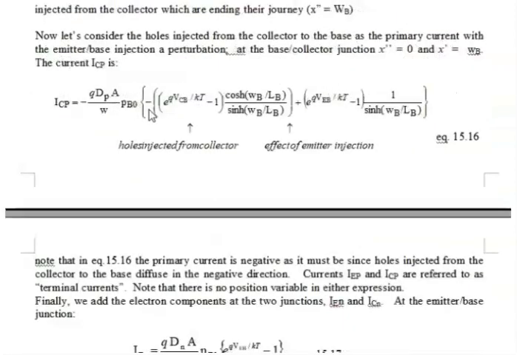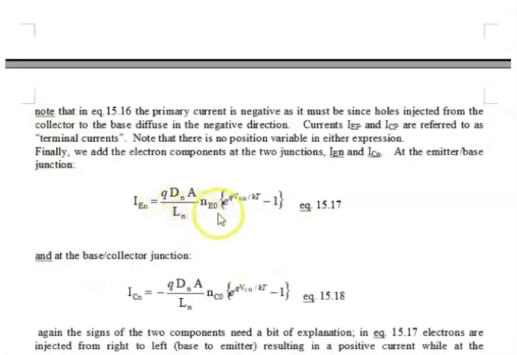Okay. Anyway, at this point, we just have to add the electron components. So this is the electrons. How do I know it's electrons from emitter to base? Because it's got VEB. So this is the electrons that are injected from the base into the emitter, from right to left, base, emitter.